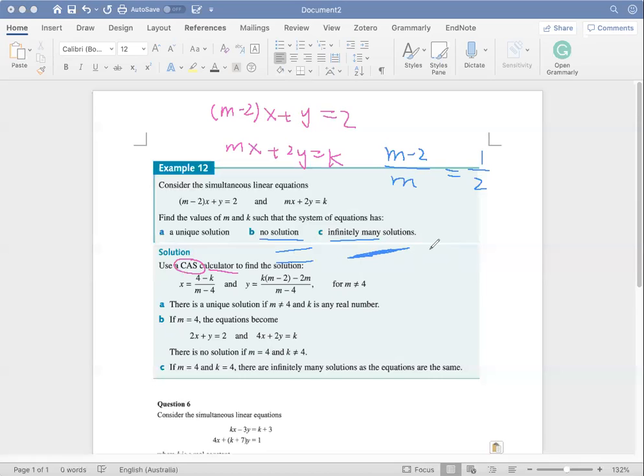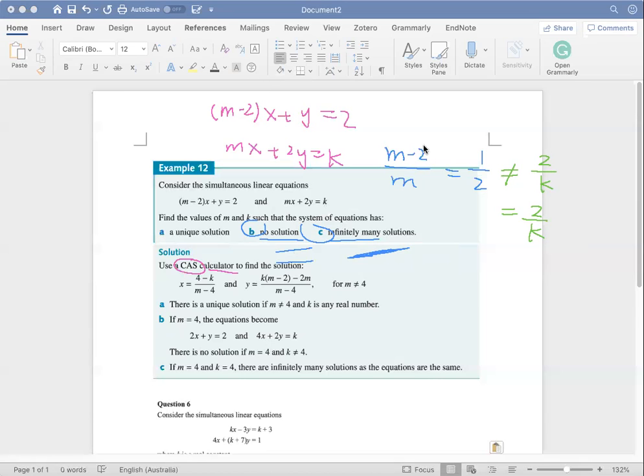So how do we distinguish the two cases? For no solution, the ratio must never equal 2 over k. For infinitely many solutions, it equals 2 over k. But we can solve for the first case.